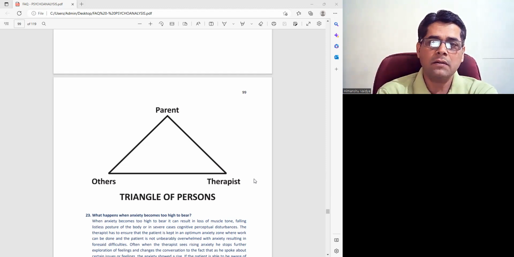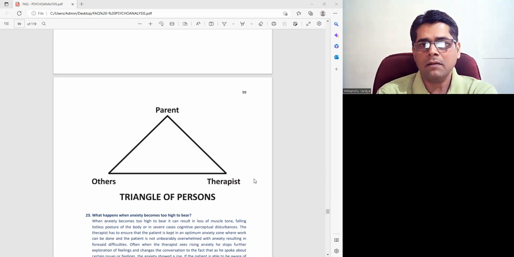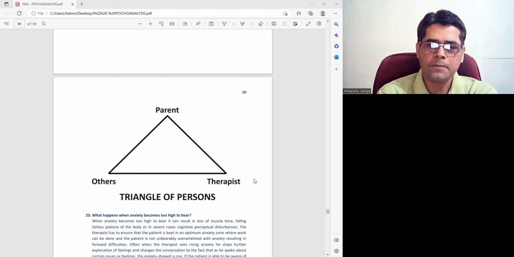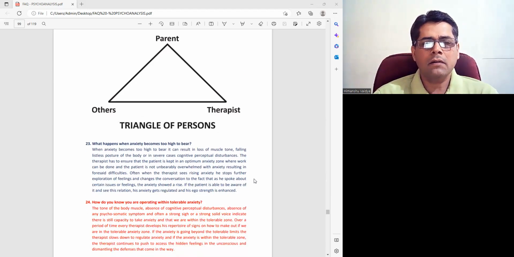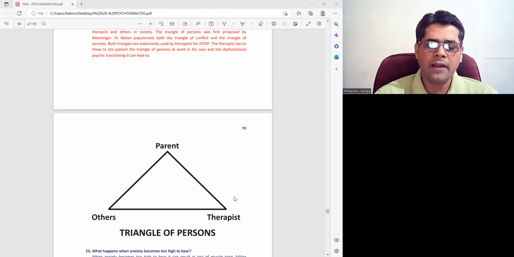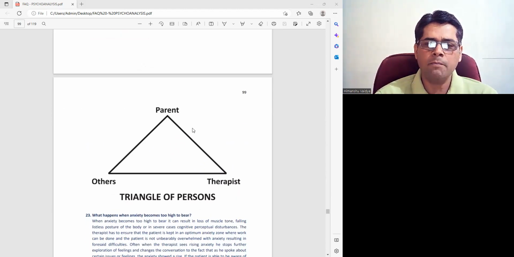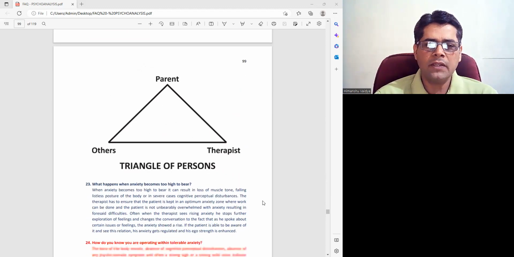And what is difficult to accept for X is experienced in relation with the therapist. So this triangle of persons is very important. Let us not confuse it, but just keep it to this, the triangle of persons, where from others and from parents, it's transferred onto the therapist.